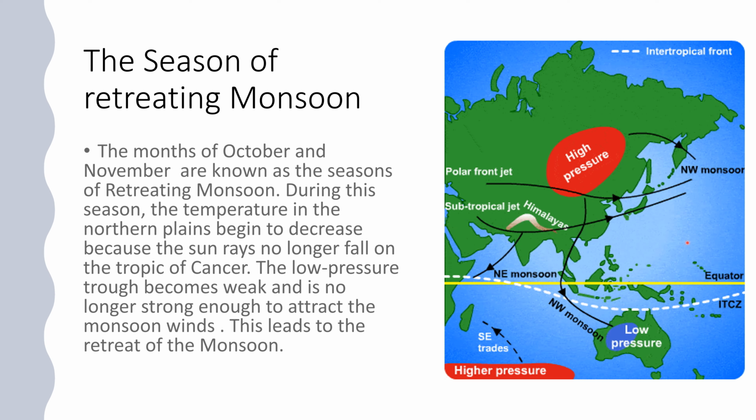The sun has now begun to migrate towards the south, so a high pressure begins to form in this area where earlier there was a low pressure. The low pressure over here also becomes weak and is no longer strong enough to attract the monsoon winds. This leads to the retreating of the monsoons.